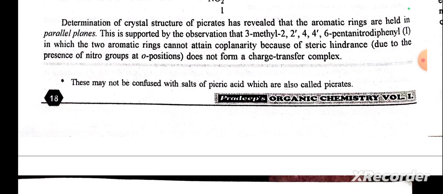The determination of the crystal structure of picrates has revealed that the aromatic rings are held in parallel planes. This is supported by the observation that 3-methyl-2,2',4,4',6-pentanitrodiphenyl, in which the two aromatic rings cannot be coplanar because of steric interference, does not form a charge transfer complex.